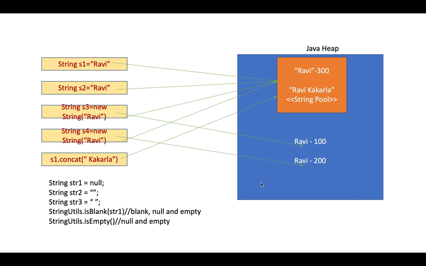If you try to create Ravi again, since Ravi is already there, it will just have a reference to that. It's not going to create a new Ravi object. Since we try to concatenate Ravi with Kakarla, instead of modifying the existing Ravi, it's just going to create a new reference, even though Ravi already exists. That will also be allocated in the string pool area. That is the reason String is an immutable object.